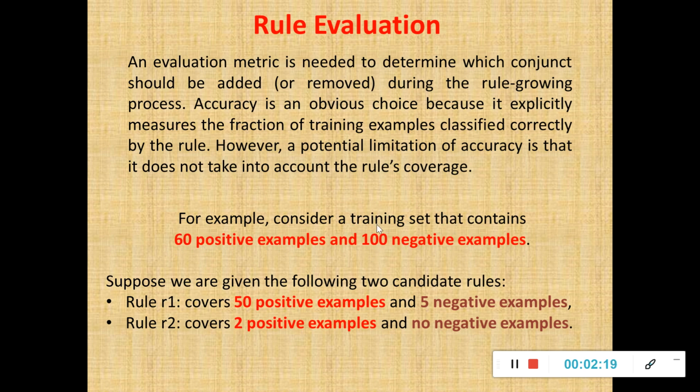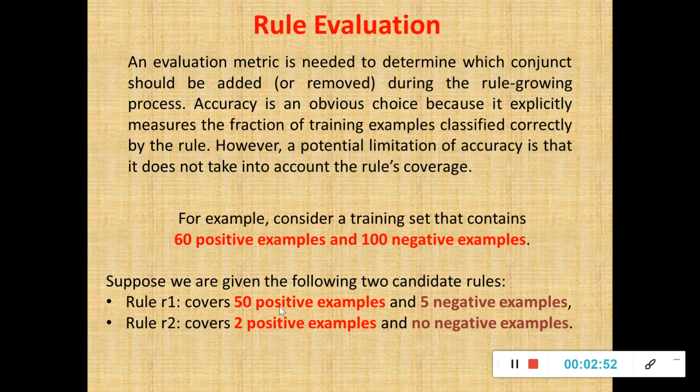These examples are instances in my data set, and they have been covered by some rules: rule R1 and rule R2. These are my two candidate rules. Rule R1 covers 50 positive examples and 5 negative examples. Similarly, R2 covers 2 positive examples and no negative examples.